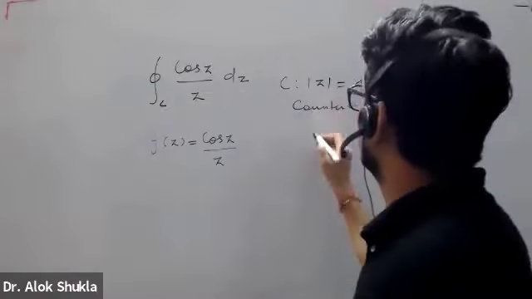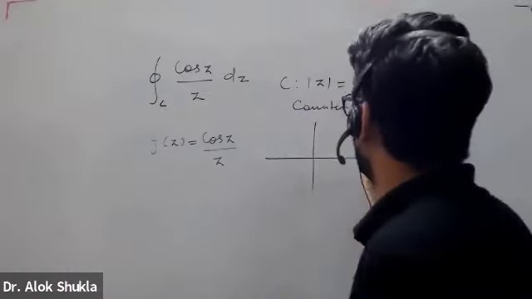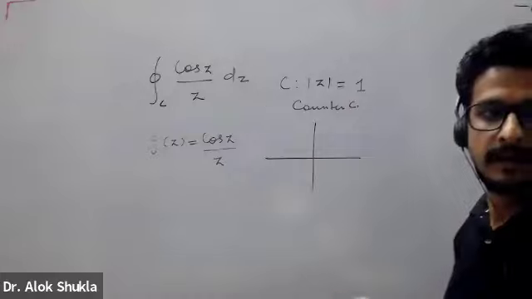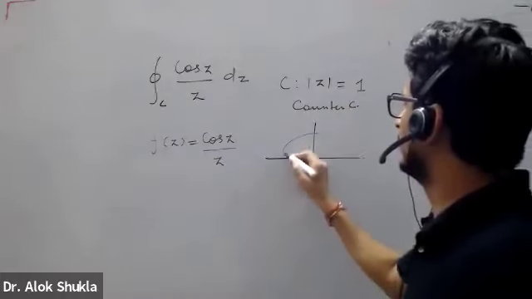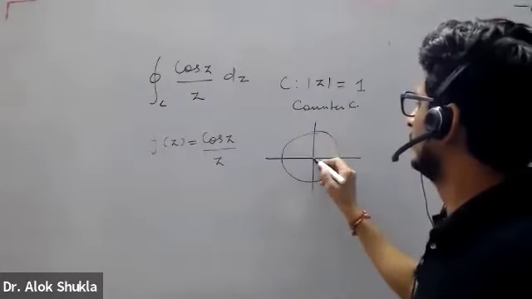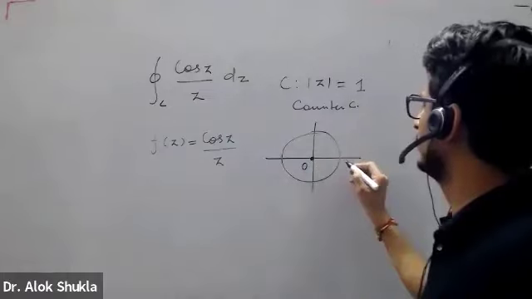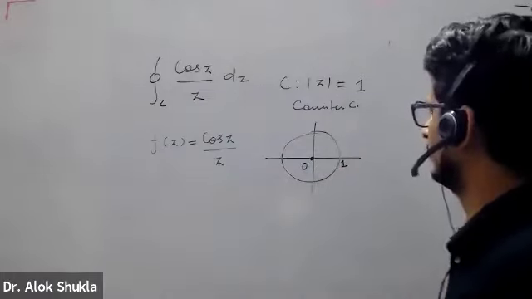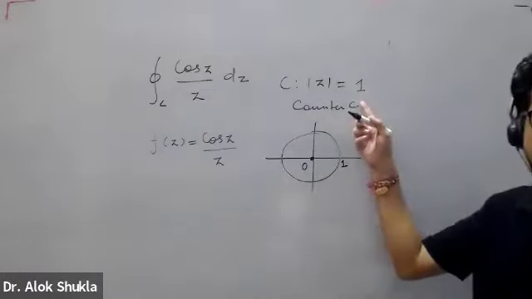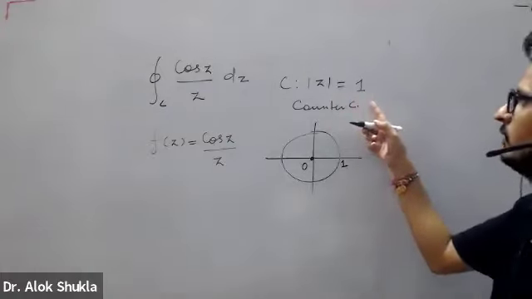The contour that is given is actually a circle with center at origin and radius 1. Can you see this? Mod of z is equal to 1.